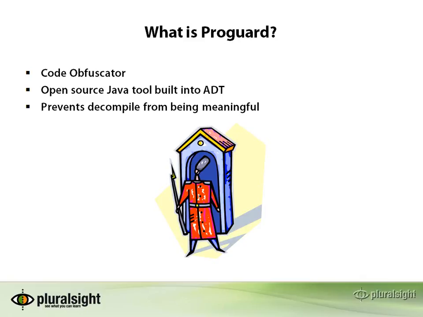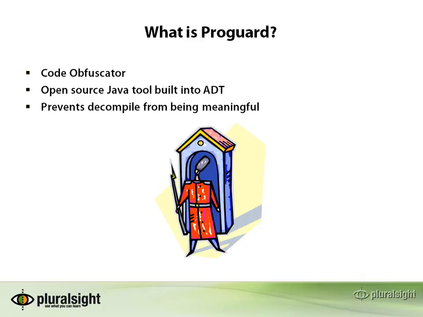obfuscation tool. If you're not familiar with code obfuscation, basically it's the idea that you would take some code. Both Java and .NET basically have a bytecode or a lower level of code that gets interpreted. And that code has a lot of information still, like your class names and method names.